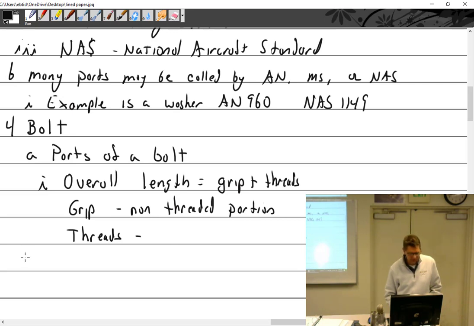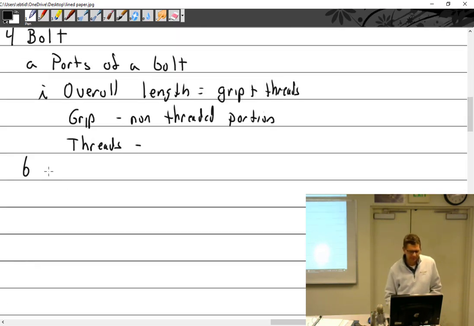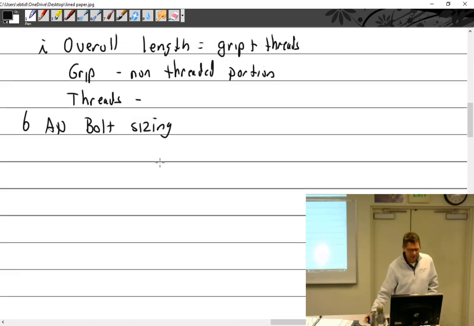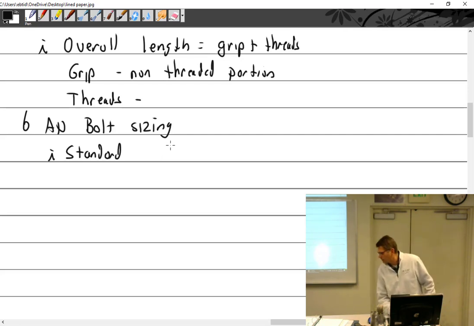Let's see. I don't like what I wrote there, so I got to make something up on the fly here. And bolt sizing. All right, it's just like rivets, but different. So we'll just go with the standard bolt.